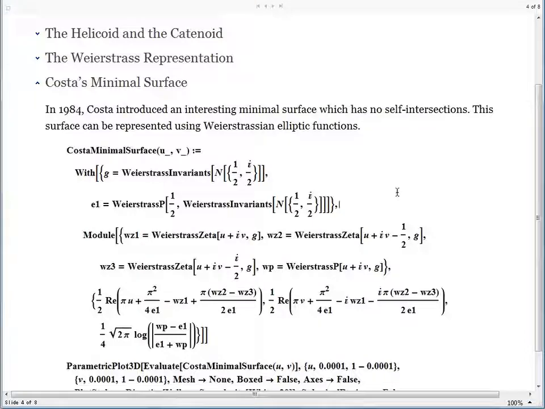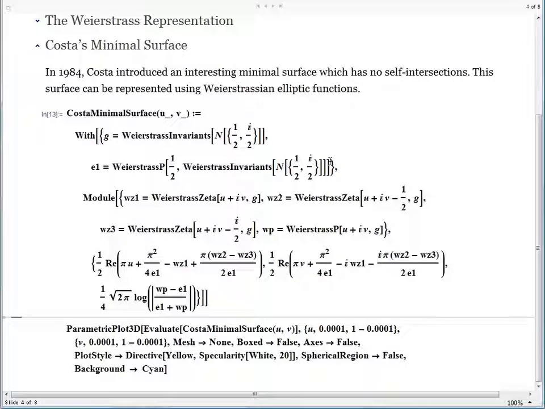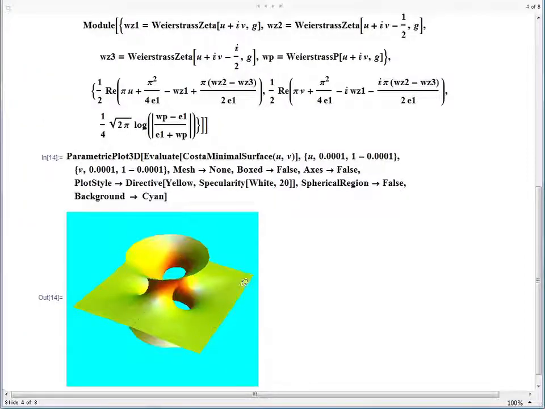Unfortunately, it is rather difficult to define the surface itself because it requires Weierstrassian elliptic functions, so I won't spend much time on that. But let's just run this plot command for the surface, and if we wait for just a short while, then what we get back is this beautiful Costa minimal surface.